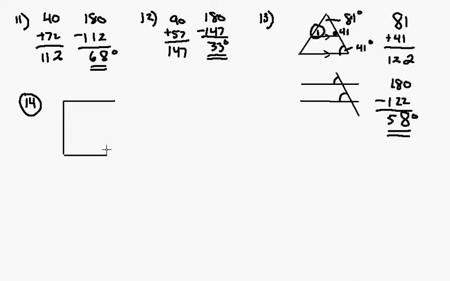And then I have a diagonal cutting through right there. Okay. And this is a right triangle. Yeah, it is a right triangle. This is a right angle here. That's a right angle there.